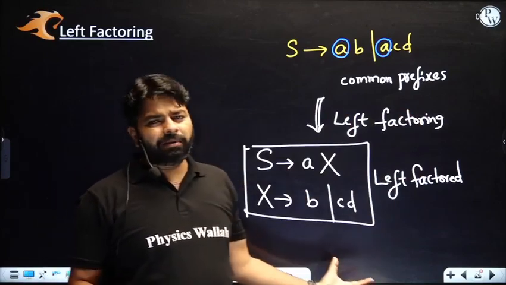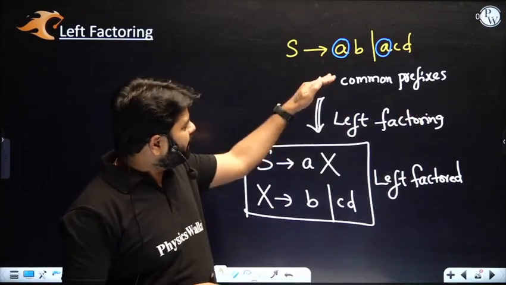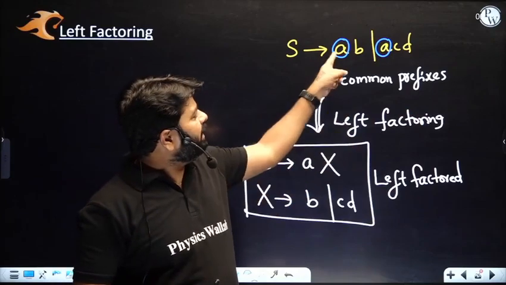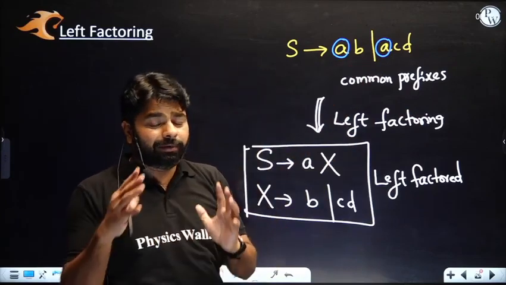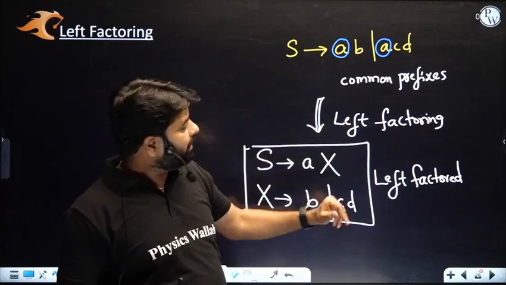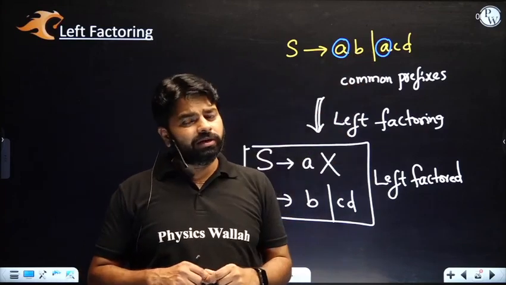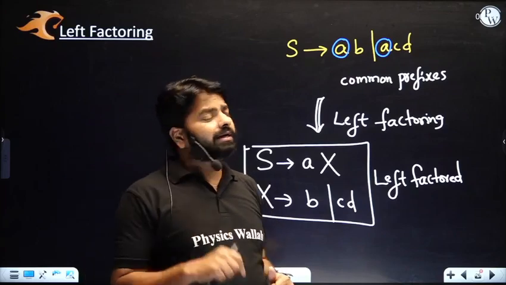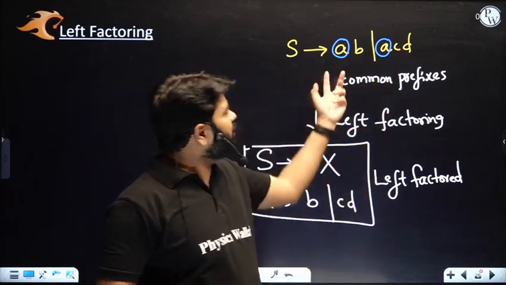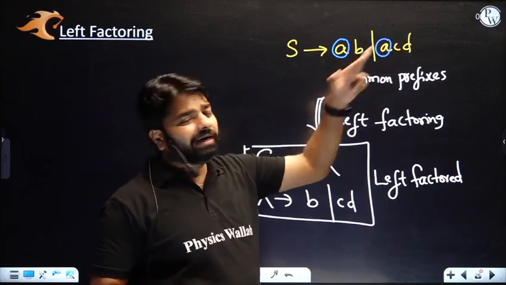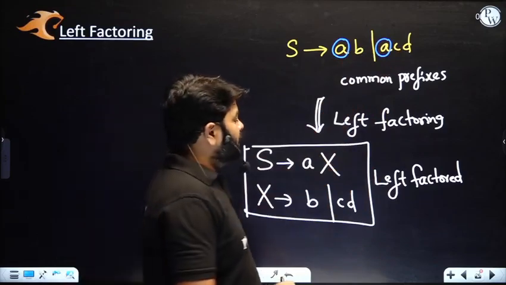It's a very simple concept, but before applying left factoring, if you see any left recursion, eliminate left recursion in the first step, then you can eliminate the common prefixes. How do you eliminate the common prefixes? If you see them directly, you take the common one, and the remaining you derive with the help of a new non-terminal.